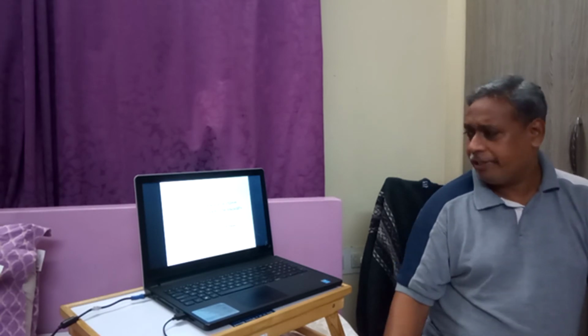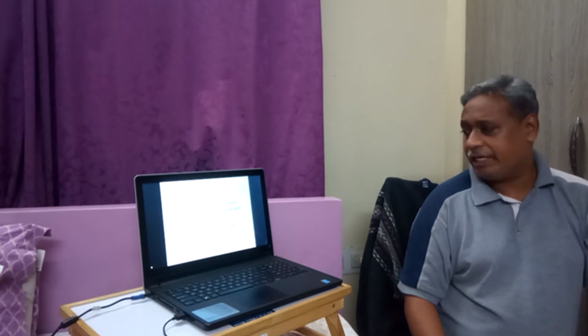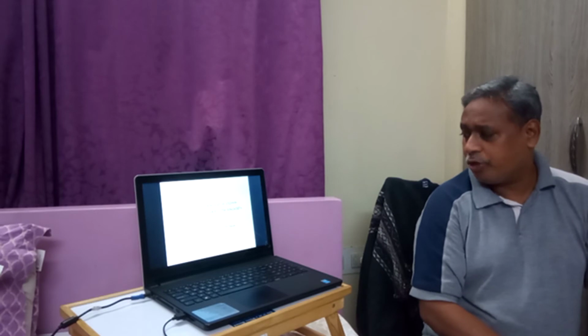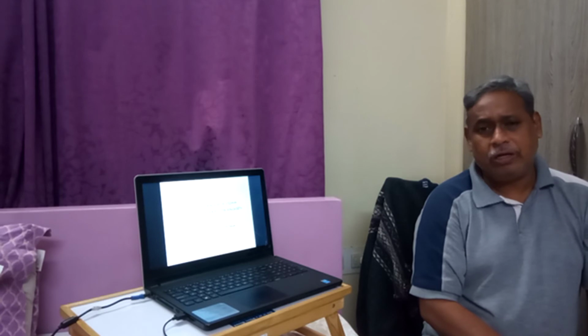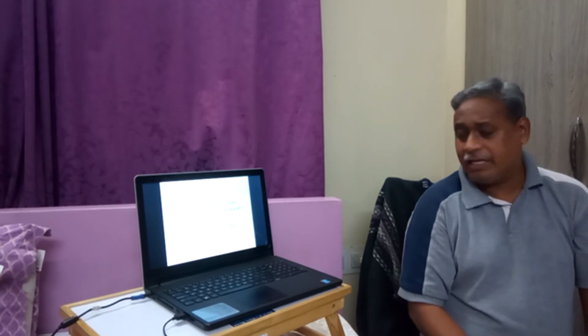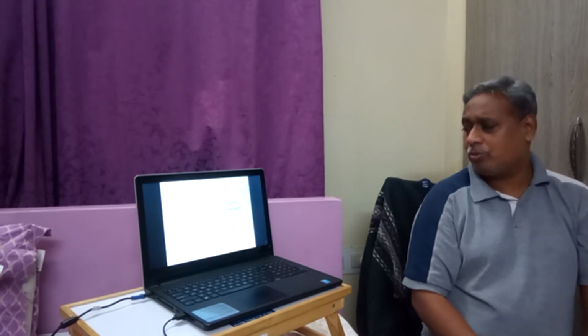That is 1.18 if we round off, or we can round it off to 1.2 mm. So almost for 1 meter we are getting 1 mm, that is 0.1% elongation.